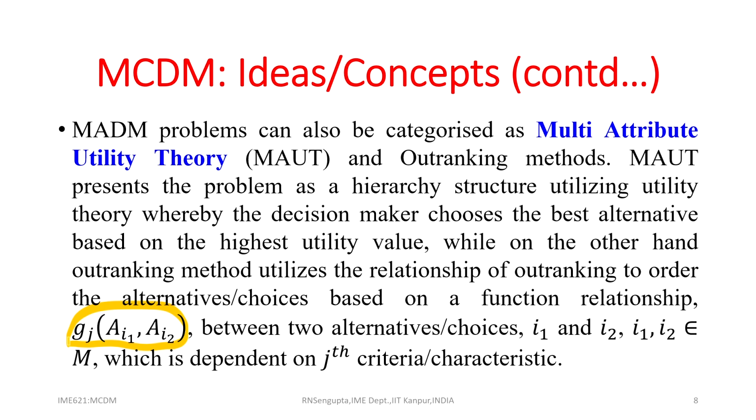So, when you are considering two alternatives A_I1 and A_I2, where I1 and I2 are elements of M, M is basically the number of alternatives which you have, and J is the characteristics, J is equal to 1 to N. So, for each criterion you will compare the alternatives and make a ranking such that in case A_I1 is better than A_I2, we will say that alternative A_I1 would outrank the other alternative A_I2 based on the characteristics, based on the criteria.